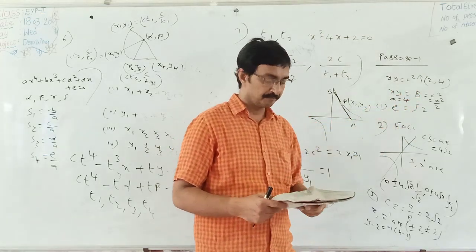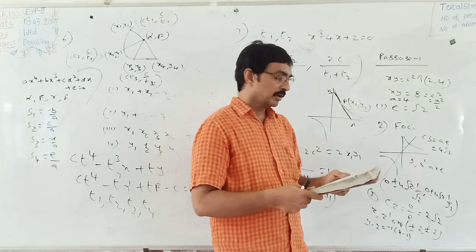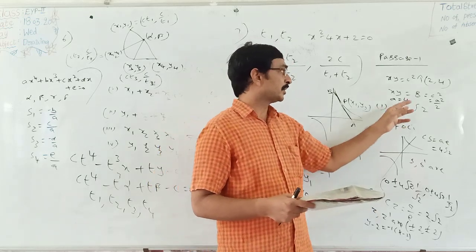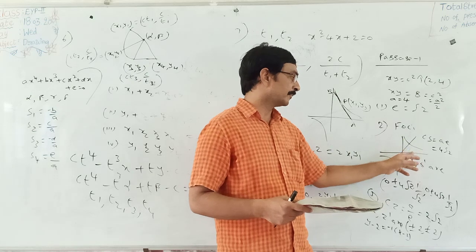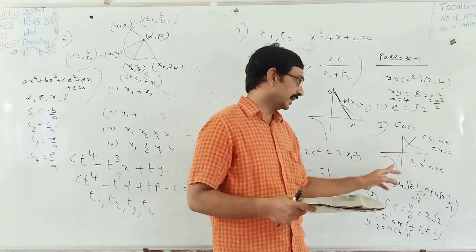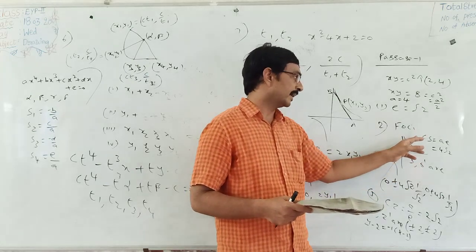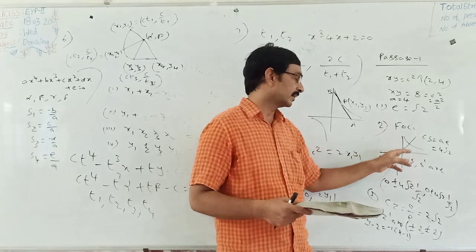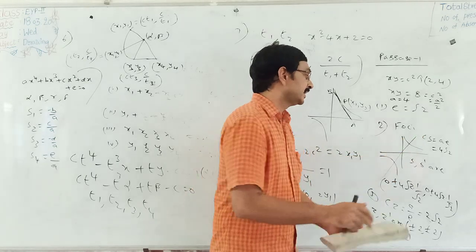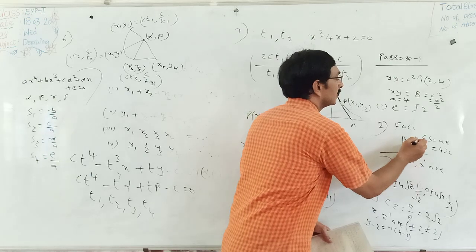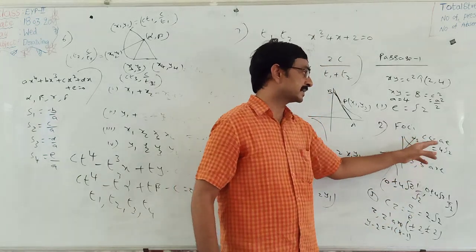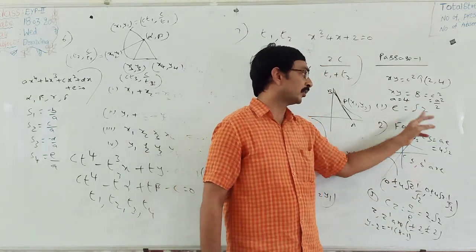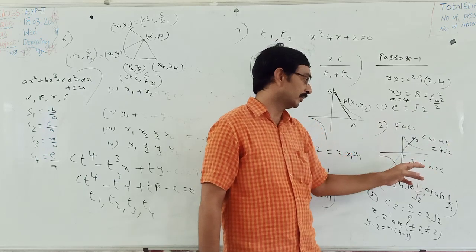So that is clear. Second one, foci. See the diagram of xy equals 8. Required are the foci S and S dash. Clearly CS equals AE. All of you know this. CS equals AE, A value 4, E value root 2, so 4 root 2.